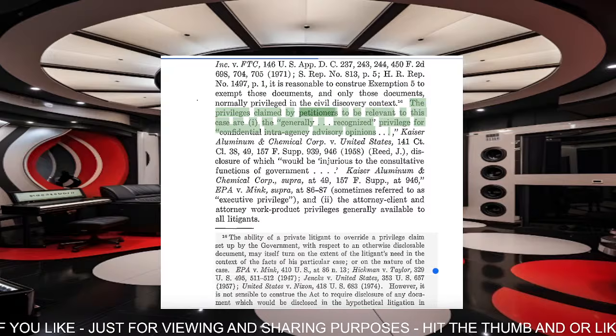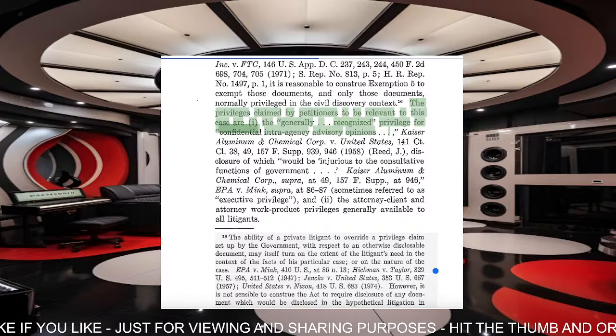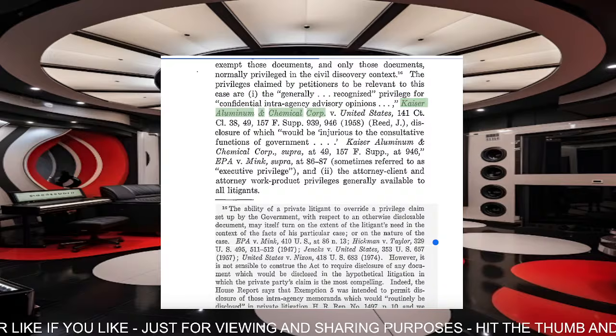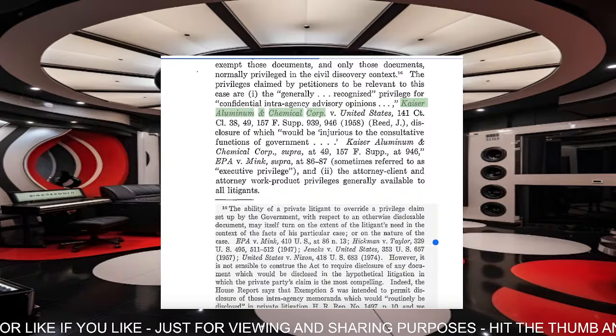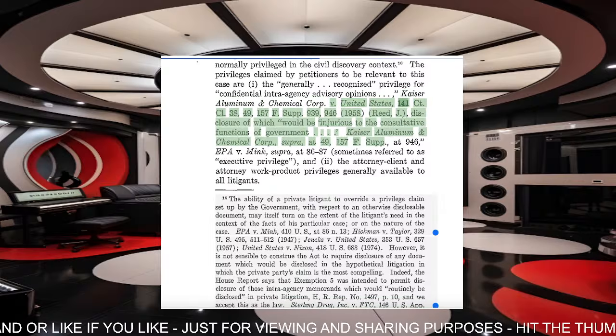The privileges claimed by petitioners to be relevant to this case are the generally recognized privilege for confidential intra-agency advisory opinions, Kaiser Aluminum and Chemical Corp. v. United States, 141 Ct.